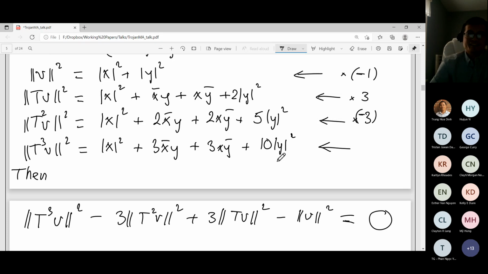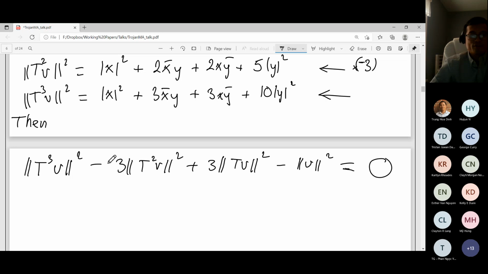So interestingly, by combining these things, we have a nice equation that the operator T satisfies. And we should notice that the coefficients are familiar, right?